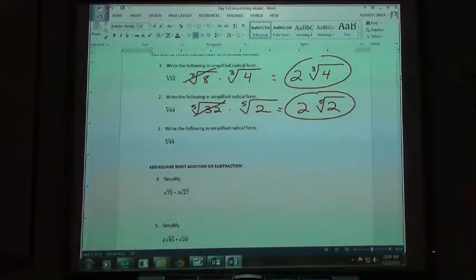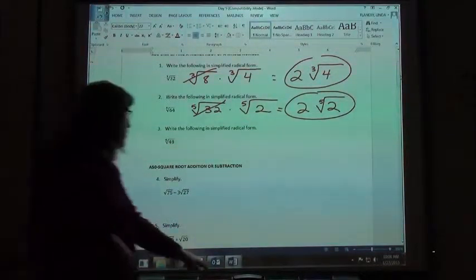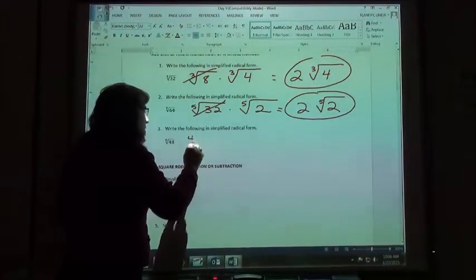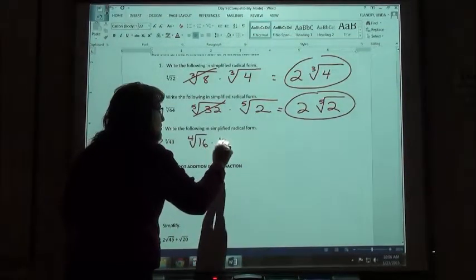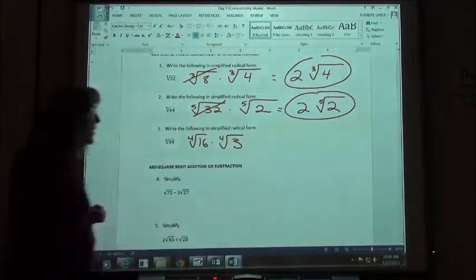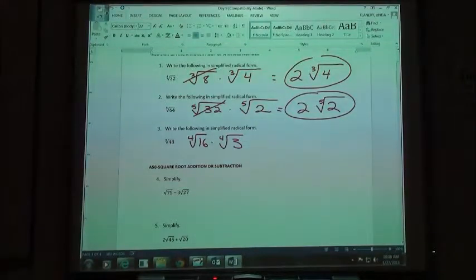So when I'm looking at simplifying a fourth root, is it divisible by any of these numbers? In this case, 48 is divisible by 16, right? So I'm going to say it's the fourth root of 16 times the fourth root of 3, because 16 times 3 is 48. And then I'm going to do the fourth root of 16.